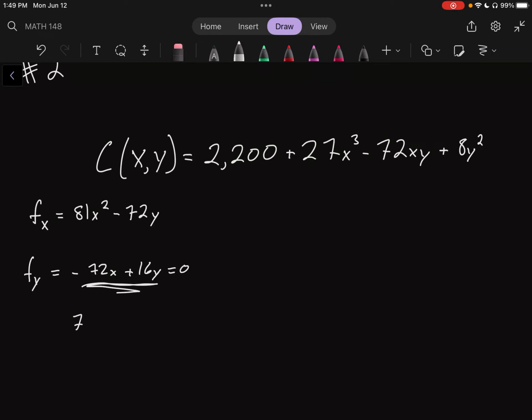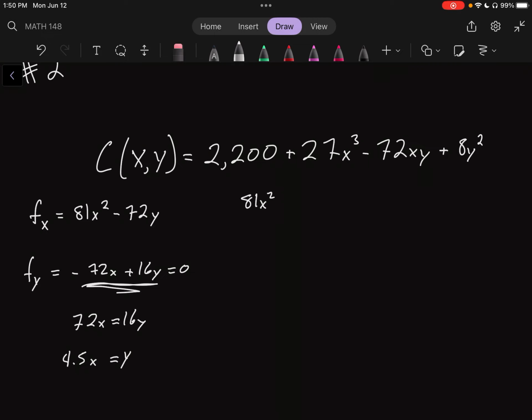So 72x is equal to 16y, which means y equals 72 divided by 16, which is 4.5x. So y equals 4.5x.